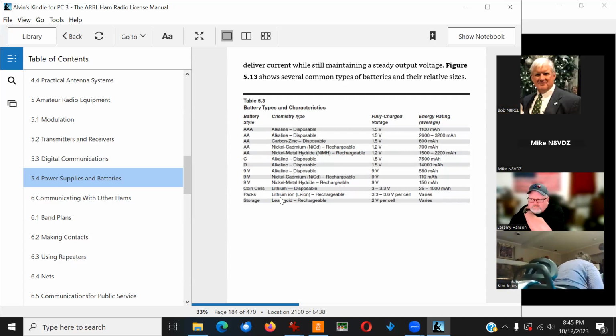Other rechargeables, well, lithium ions, a lot of radios have that. They had a big deal about those little scooter type things where the lithium ion batteries would catch fire. So just be careful. The coin cells, throw them away. Don't try to recharge them.